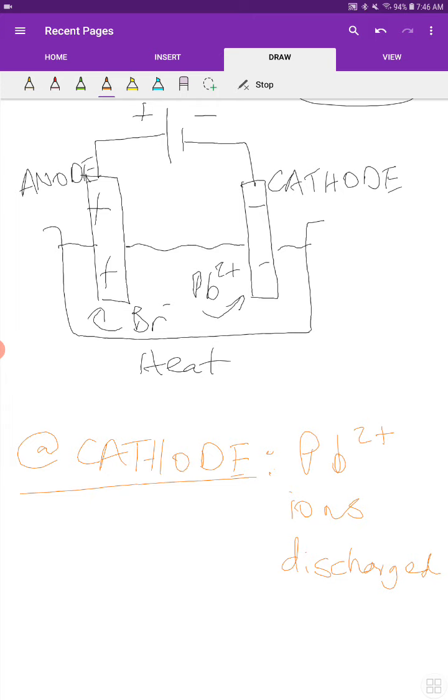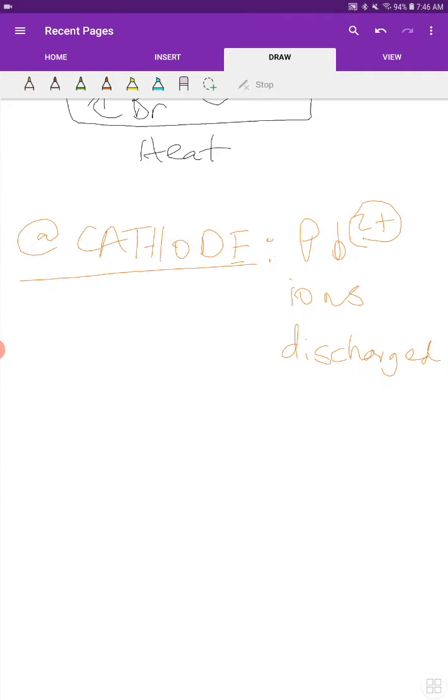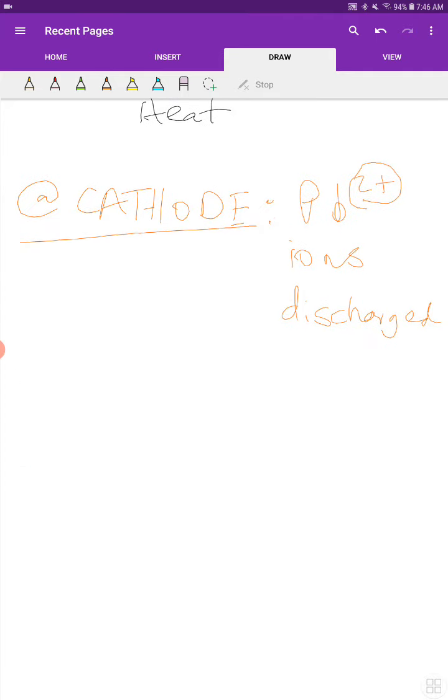If the ion is positive, it's going to lose its charge by gaining electrons. And if the ion is negative, it's going to lose its charge by losing electrons. So we know that our lead ions are being discharged.